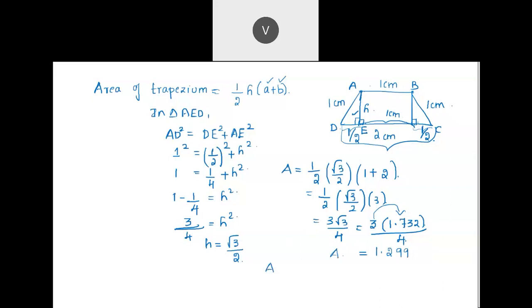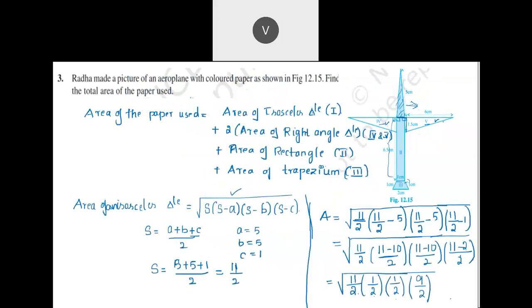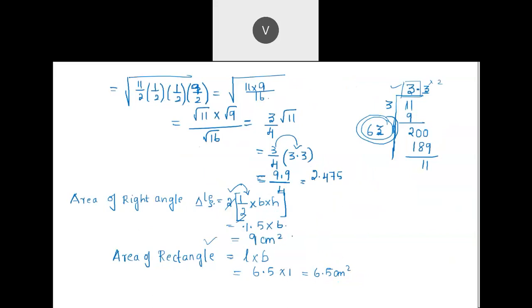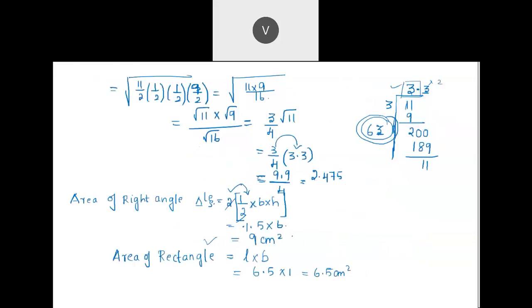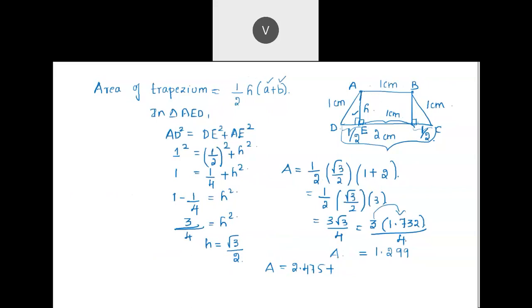Can you tell me the area of the paper used? Add all the areas. What is the area of the isosceles triangle we got here? 2.475. So area is equal to 2.475 plus area of two right angle triangles, 9, plus area of rectangle, 6.5, and area of trapezium, 1.299.